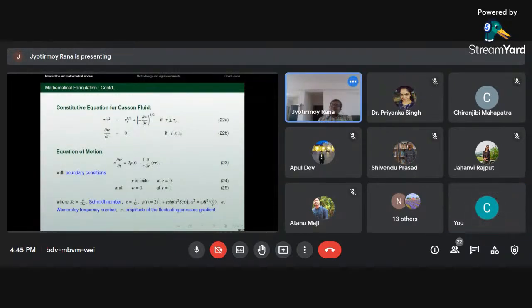Yes, sometimes we can get the solutions. Because if you want correct 4-5 decimal places in the result, then the first order solution is very, very important.